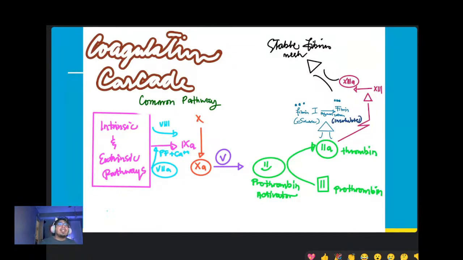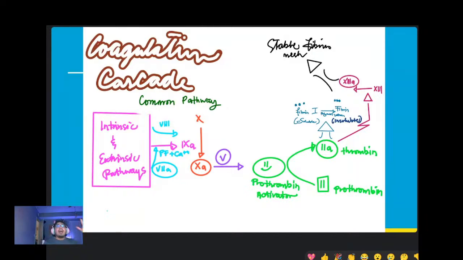Okay? Because thrombin will react to the inactive form of factor 13. Factor 13, once it becomes activated, will react with the insoluble fibrin to form a stable fibrin mesh. Ayan, yung nasa taas, stable fibrin mesh. Mukha siyang stable fibrin mesh yan. Okay? Clear pa? So far, nakakasunod?